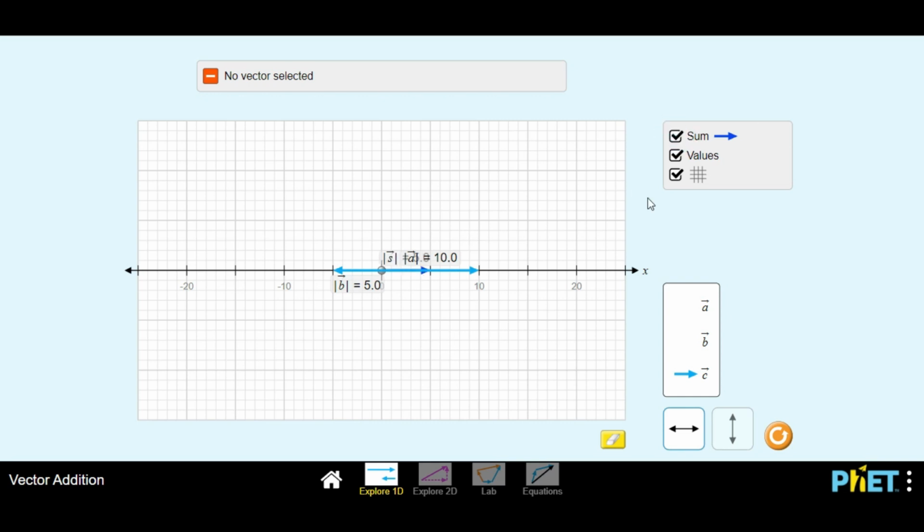You see the darker blue here, it shows the resultant. It's 5, but I'm sorry, the text is overlapping. But it shows us that the magnitude of the resultant is 5 Newton to the right.